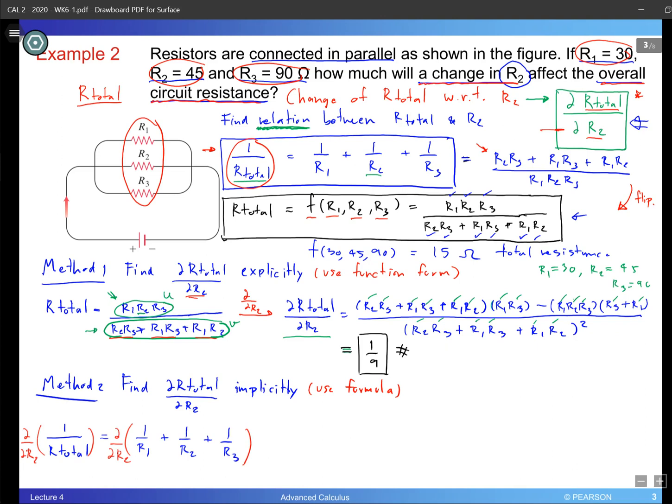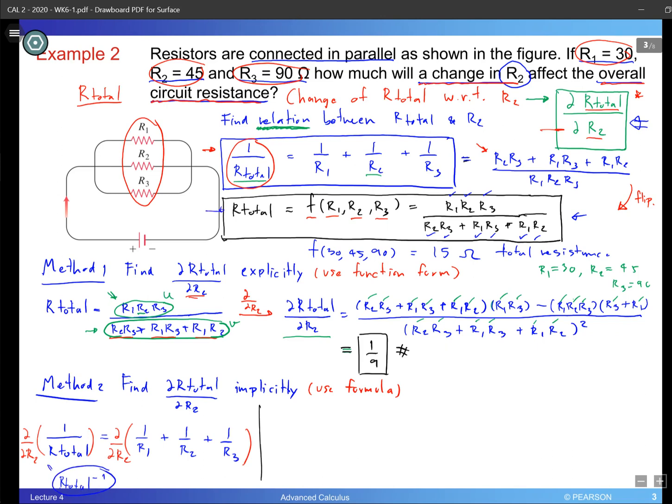Okay, so let's put some space right here. Now on the left hand side of this equation, this 1 over R total is actually equal to R total to the power of minus 1, right? So we are going to diff this with respect to R2, but keep in mind that R total is a function of R2 and R3.